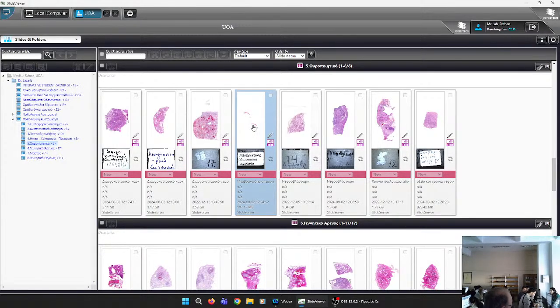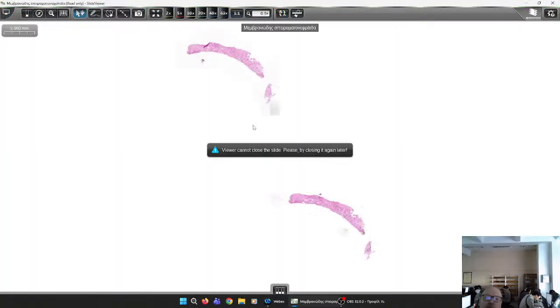You can open your virtual slides from the documents, down the documents in your e-class portfolio. We have all the links which open the slides. So let's see here the membranous glomerulopathy.